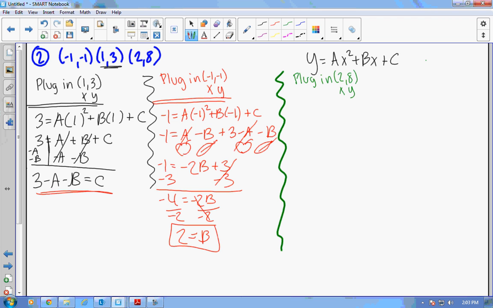We have our x and our y. Hey, Kevin, what would this turn out to be when we plug it in? What was c?